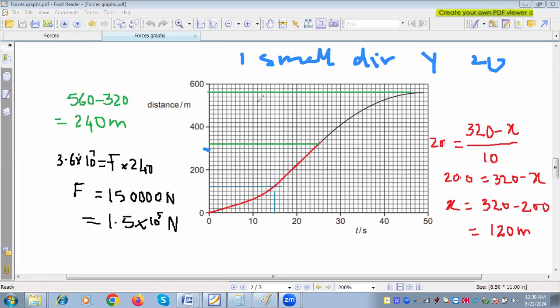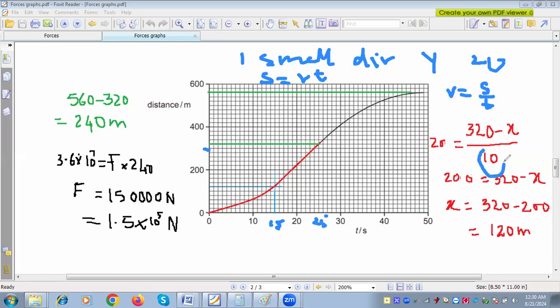And for uniform motion, we can make use of the formula, what? s equals to vt. So v is equal to s over t. The time interval between 25 and 15, this is 15 and this is 25 somewhere here. So that is 10.